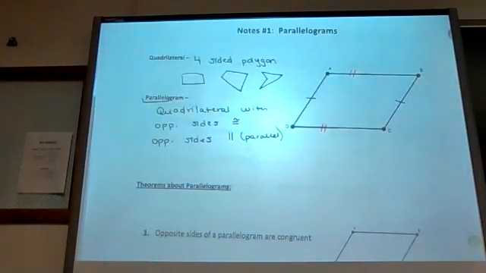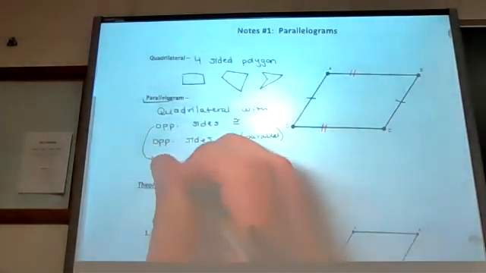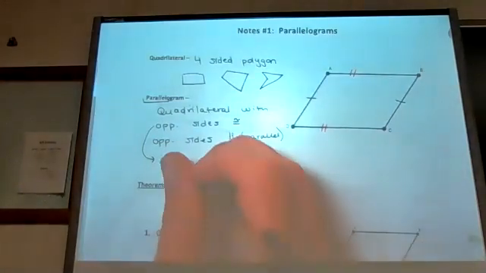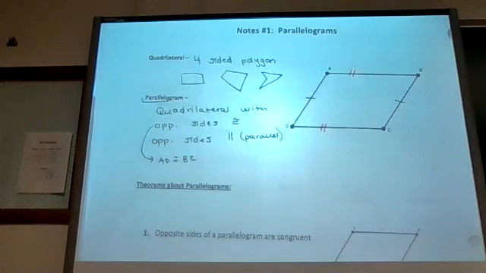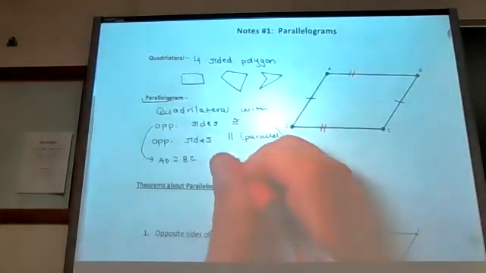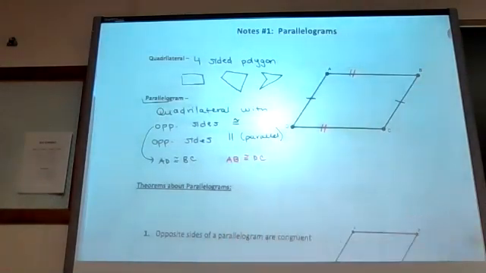So we already marked opposite sides congruent, meaning AD is congruent to BC, and AB is congruent to DC.